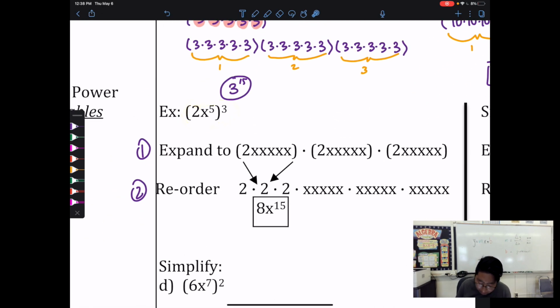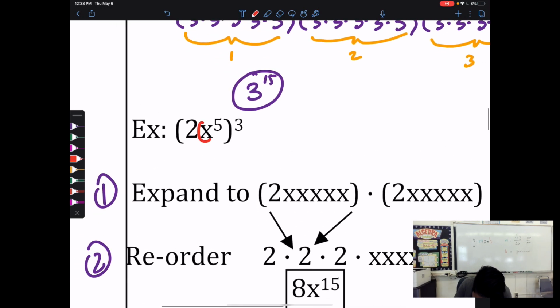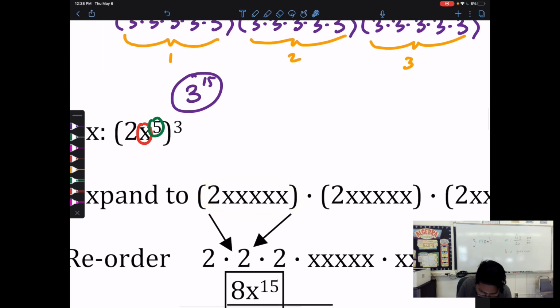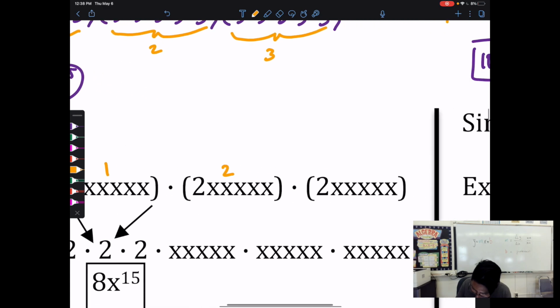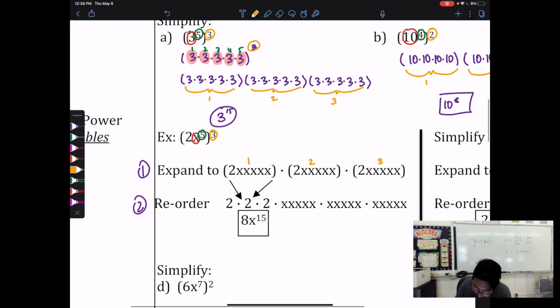The example is 2x to the 5th, all raised to the 3rd power. X is our base, 5 is our exponent. So you can see 2x to the 5th inside, and that's all raised to the 3rd power. So there's 1, 2, and 3. We went ahead and expanded it.